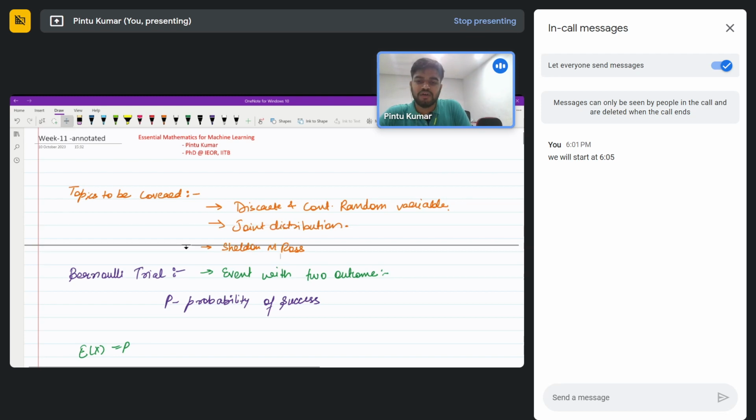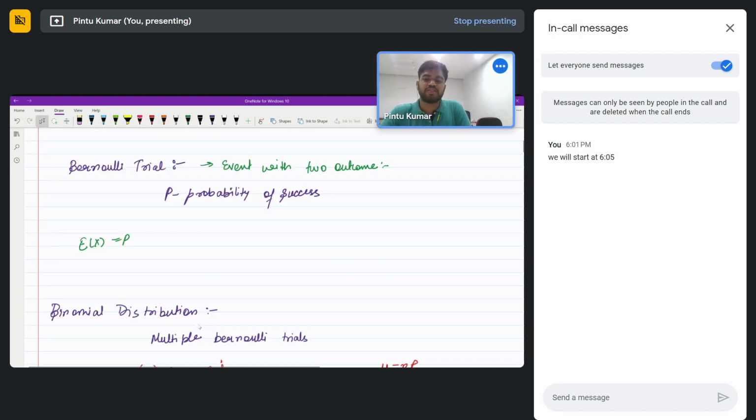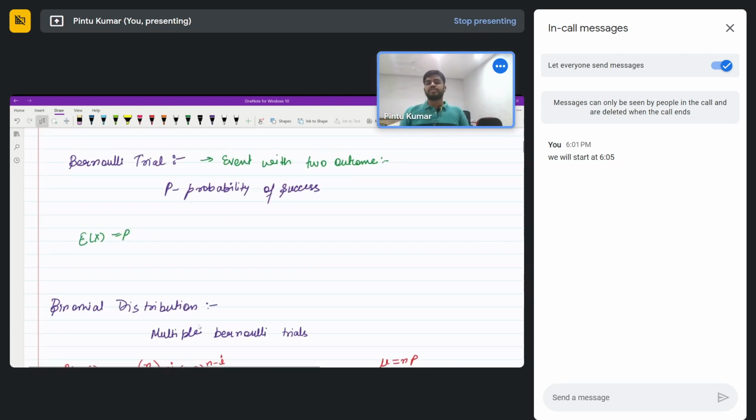So I'll begin with the simplest discrete random variable, which is known as Bernoulli's trial. What is a Bernoulli's trial? Bernoulli's trial is applicable whenever you have two possible outcomes for any event. For example, if you toss a coin, it can be either head or tail.